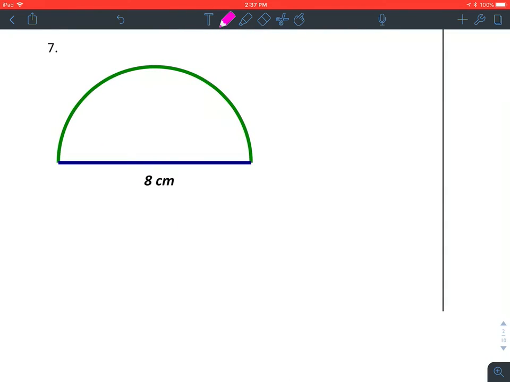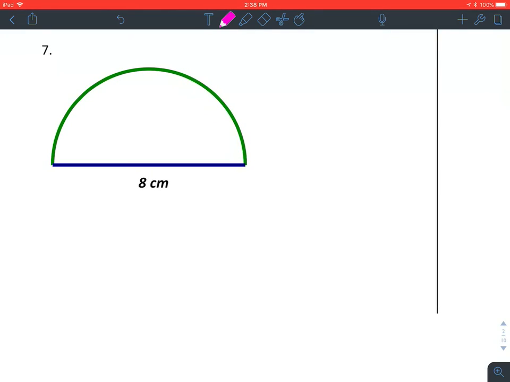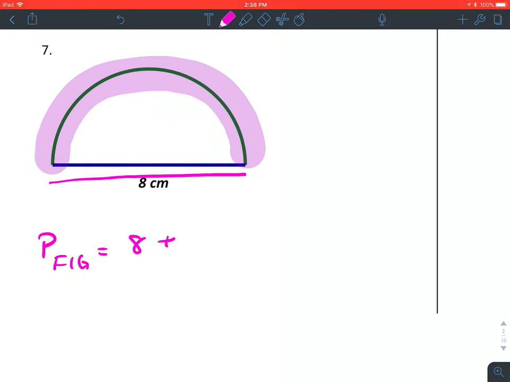Number 7, we don't have a formula for the perimeter of half a circle, but we can figure this out. So this part here is half a circle. The perimeter of this figure is going to be 8 plus, because this part down here is obviously 8, 8 plus half the circumference of the circle.